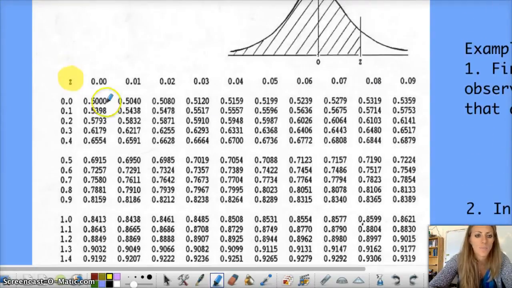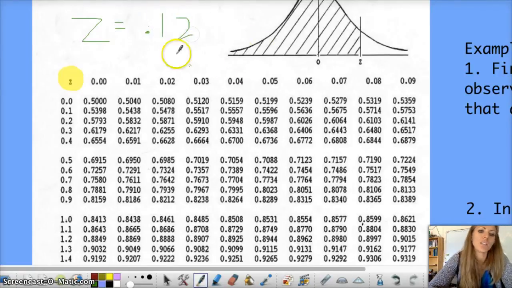So if my z-score happens to be 0.125 or something, I can go down to the 0.1, and then I go over to 0.125. There's no 25. It only goes to the hundredths value, so we'd round this to 0.13. Sorry for the messy numbers here, but 0.13.